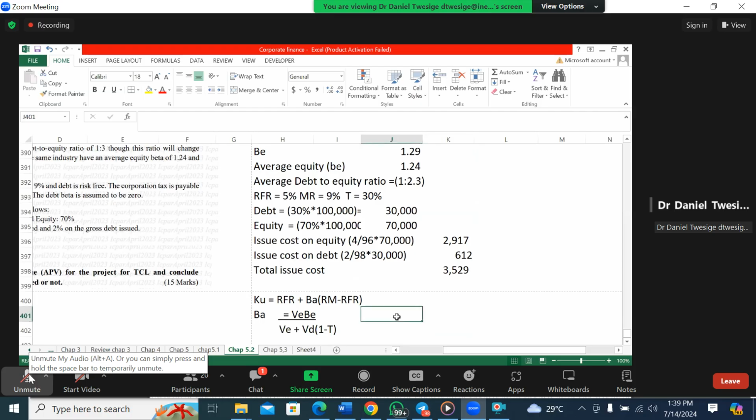So in this case, our asset beta. Let us understand the reason, the logic behind using the average. The reason we are going to use the average is that the question told us that after financing the project, these ratios that we had previously are going to change.